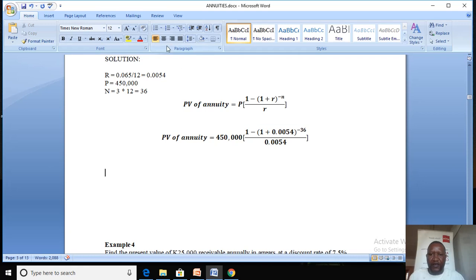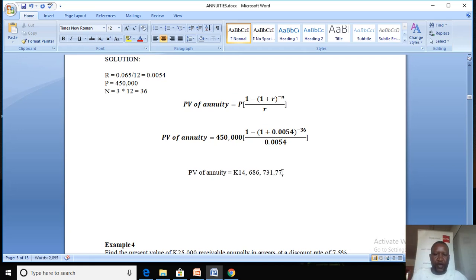When you do that, your PV, present value of this annuity, must be equals to, we dealing with kwacha, so kwacha, this is going to be 14,686 and 731.77.